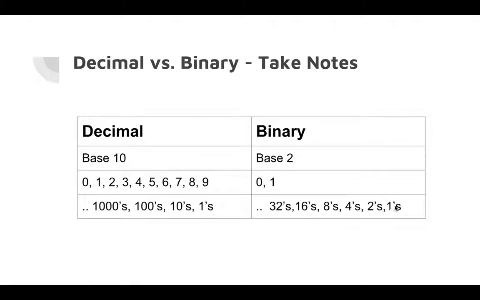These are the place values: 1, 2, 4, 8, 16, 32, etc. If we look at the base, in decimal this would be 10 to the 0, 10 to the first, 10 squared, 10 cubed, etc. In a binary system, this would be 2 to the 0, 2 to the 1, 2 squared, 2 cubed, 2 to the fourth, 2 to the fifth, etc.